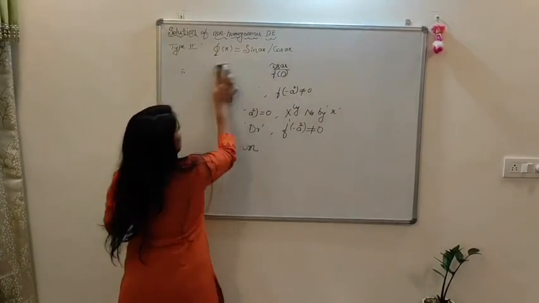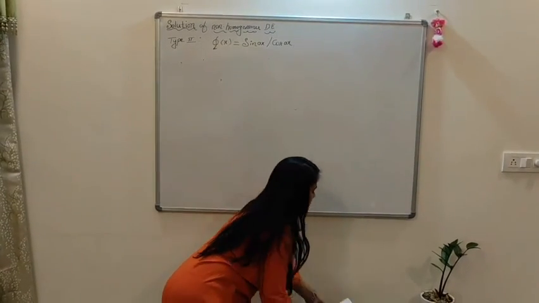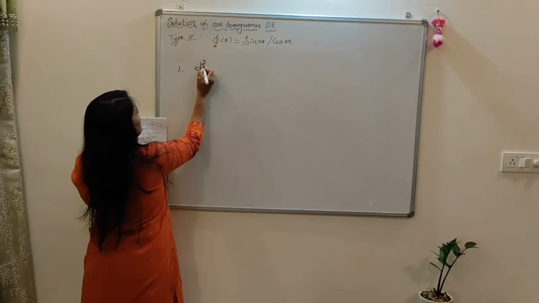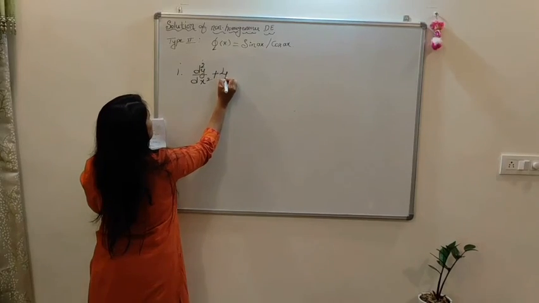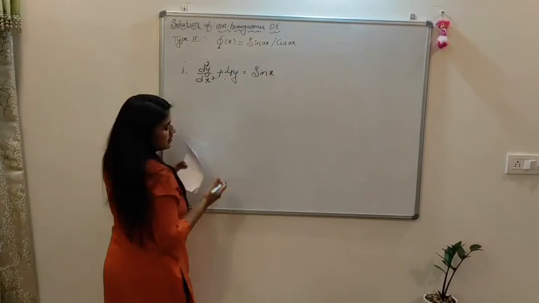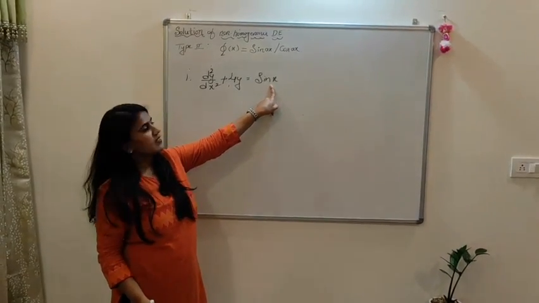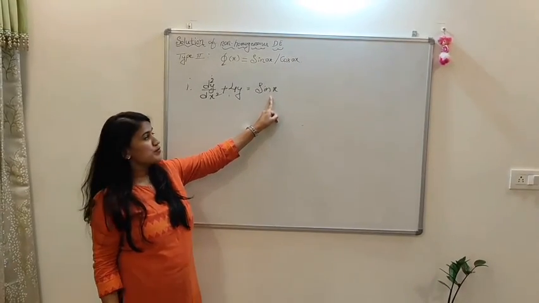Solve the first one: d square y by dx square plus 4y is equal to sin x. Now you can observe the RHS is sin x. Sin or cos means it comes under type 2.